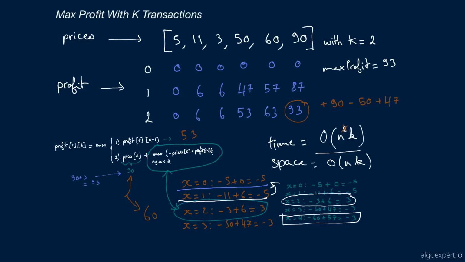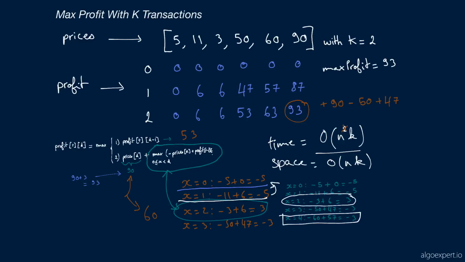And so what that basically means is that there is some way for us to not store our entire n by k 2D array, but instead to only store 2 rows of n length each.